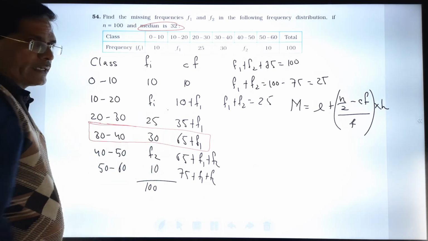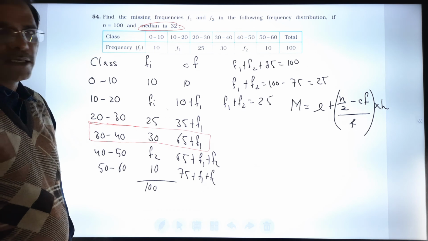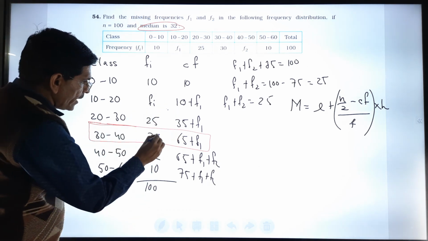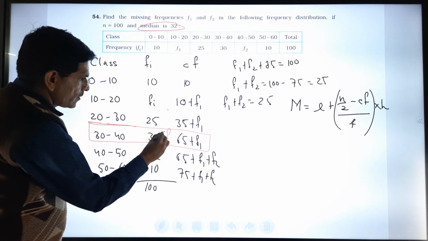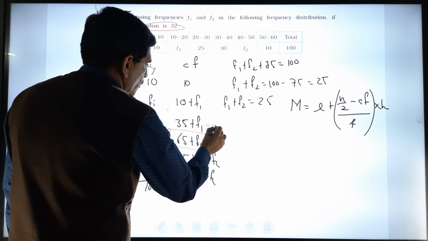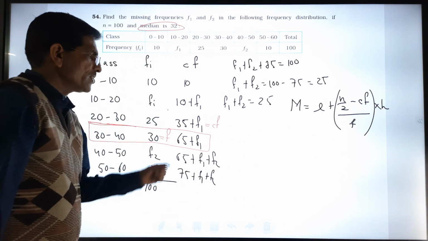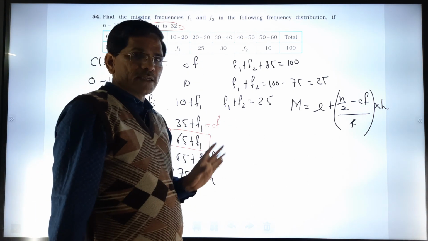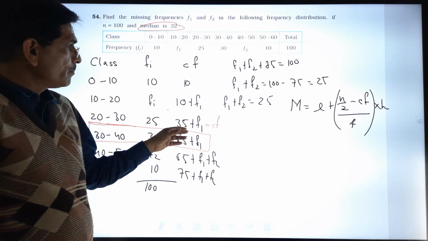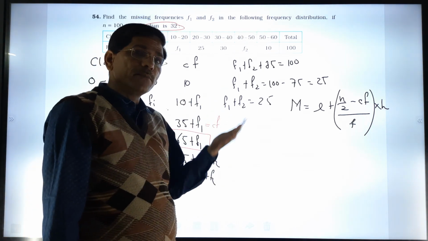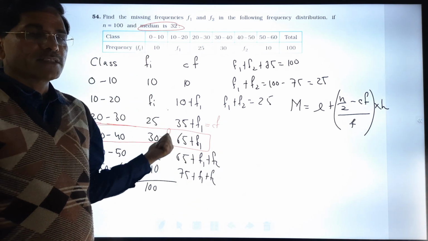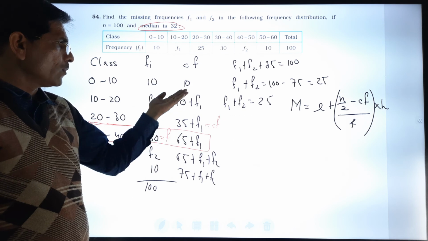So now we have to make a rectangle shape like that. Why am I making it like that? Because everything is now in the median class. I have to write the frequency here, and CF. We know CF is the cumulative frequency of the class preceding the median class, so the one above.